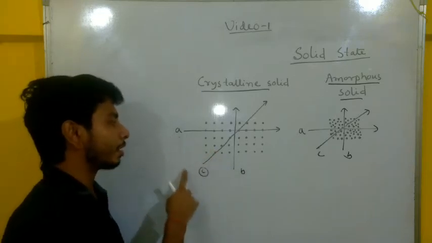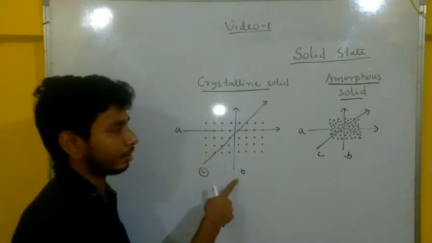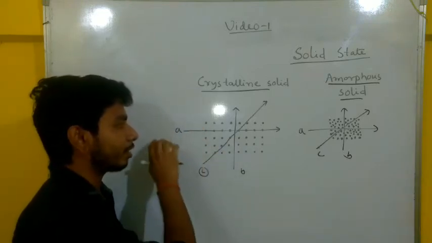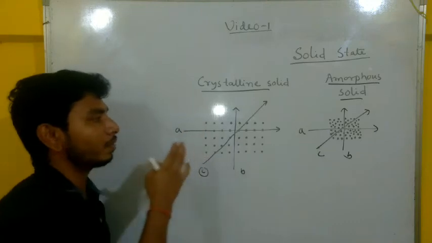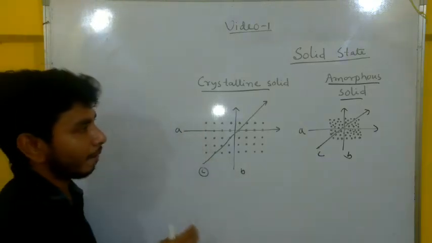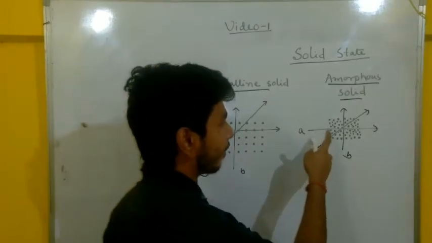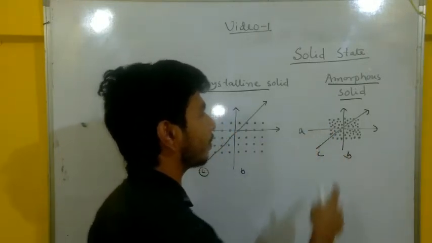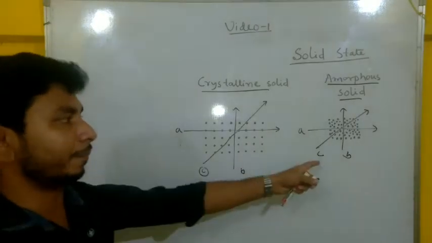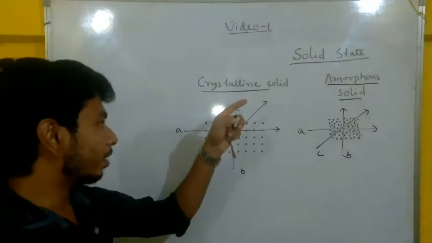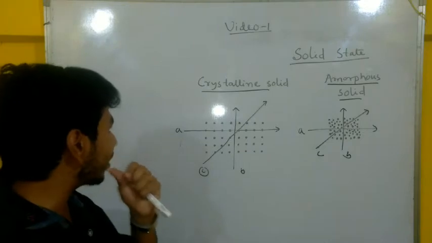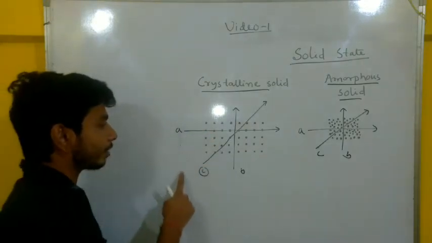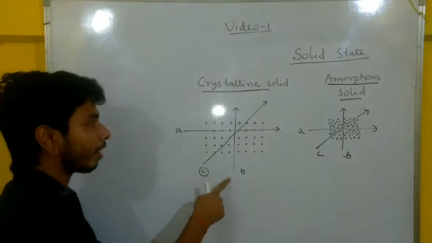Now if we measure different physical properties, for example refractive index, in different directions, the value comes out different. But here, if we measure different physical properties in different directions, the value will be approximately the same. So that is why, in crystalline solid, the different physical properties come out different.